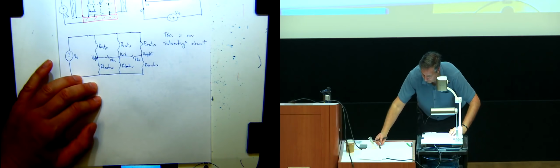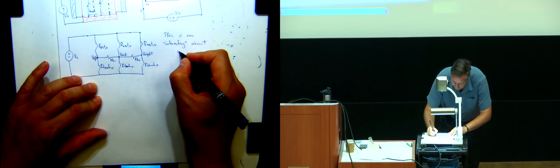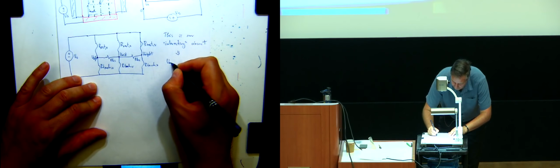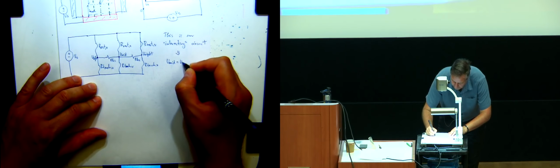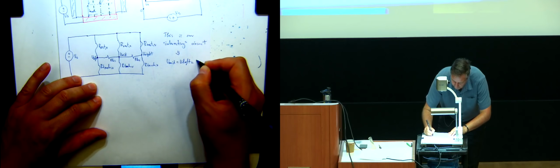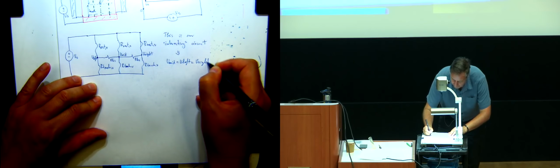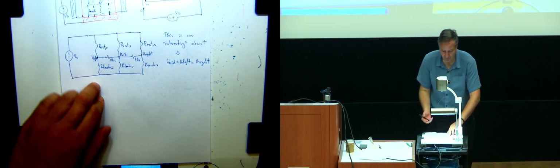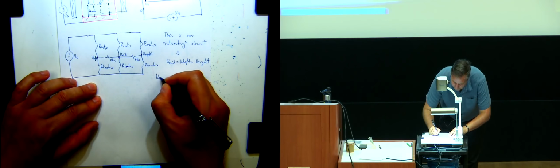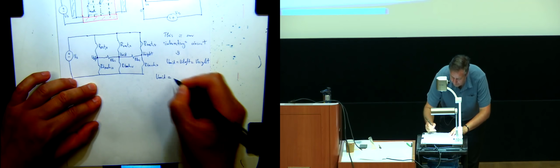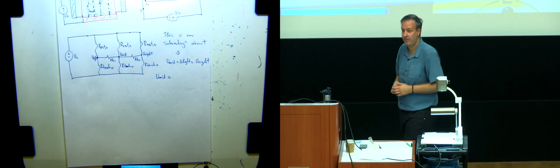Right? So then, from this, U mid equals U left equals U right. And what is U mid then? What's the value of U mid?